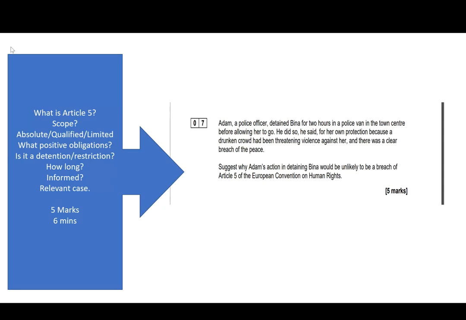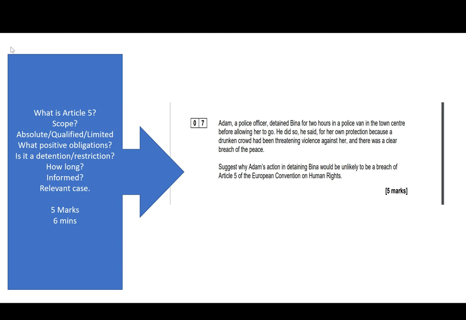Moving on to question 7, also worth 5 marks, starts with a suggest why, and may ask why a human rights violation has occurred in the scenario. It's essential that they set out the scope of the relevant article, what it covers, and perhaps for good measure, circumstances when an action that a state authority takes is not a breach of a European Convention on Human Rights article.